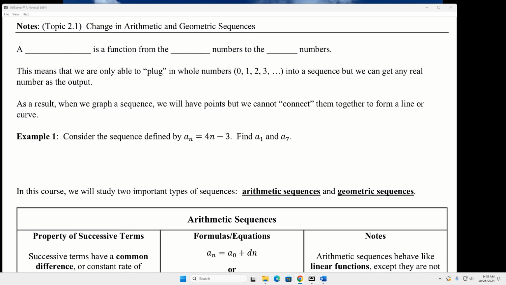So first you need to know what a sequence is. A sequence is a function from the whole numbers, which means that's the input, that's the domain. You put whole numbers into the function, and then to the real numbers, which is the output or the range.